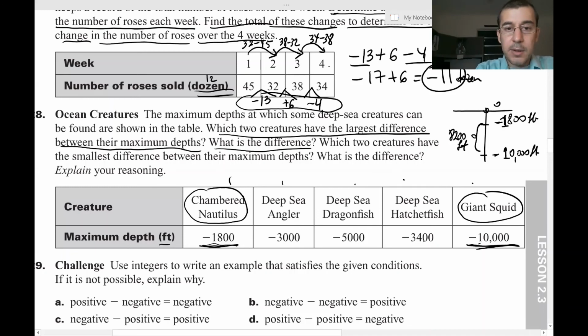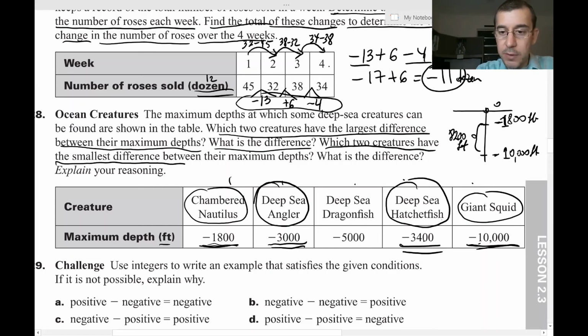Okay. Next, which two creatures have the smallest difference? Okay. So if we sort these, the closest ones to each other are going to be this guy here and this guy here, right? So it's the deep sea angler and the deep sea hatchetfish.